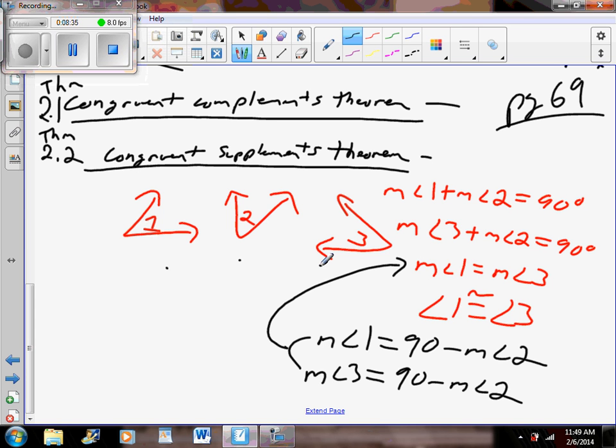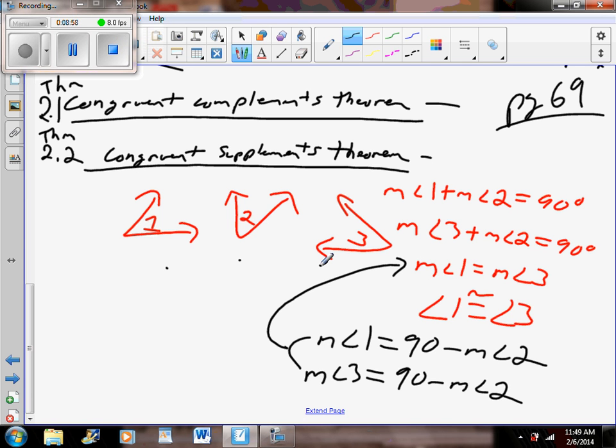Let's suppose that angle 1 plus angle 2 equals 90 degrees. And let's also further suppose that the measure of angle 3 plus the measure of angle 2 also equals 90 degrees. Well, then I can surmise from that that the measure of angle 1 must be equal to the measure of angle 3.